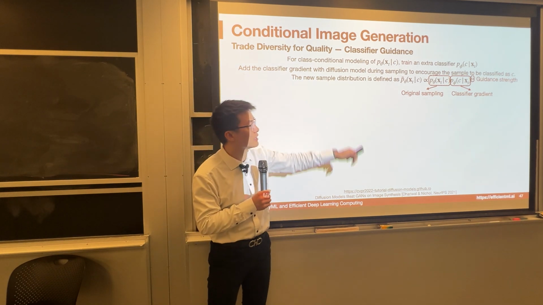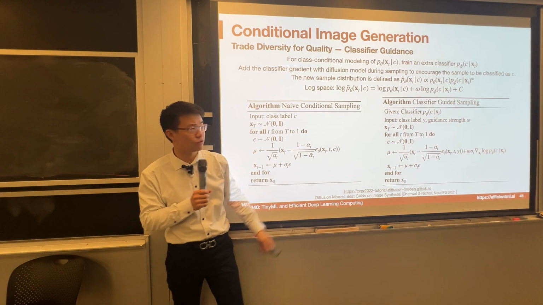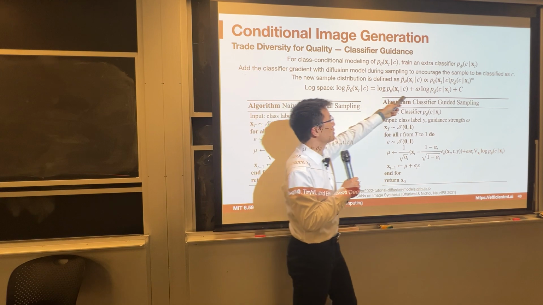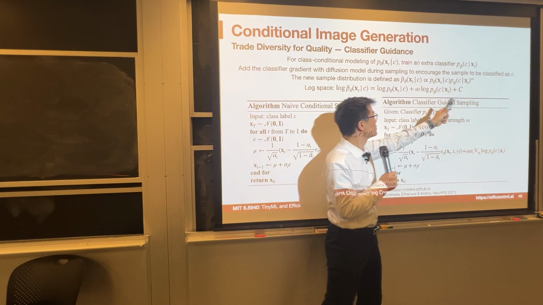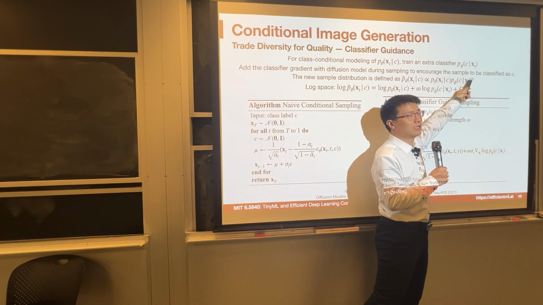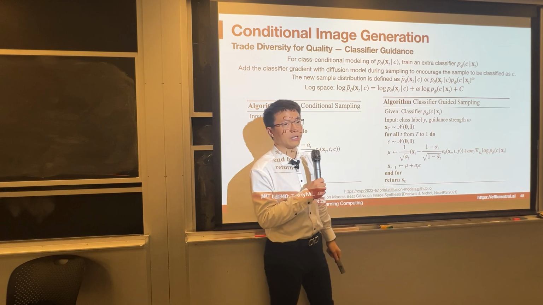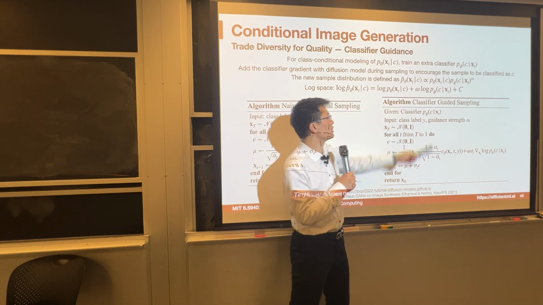And we have a guidance strength omega on the top. If you put them in the log space, this multiplication of the two terms becomes an addition. That's why we put omega on the top, because after taking the log, it becomes a multiplier in the front.